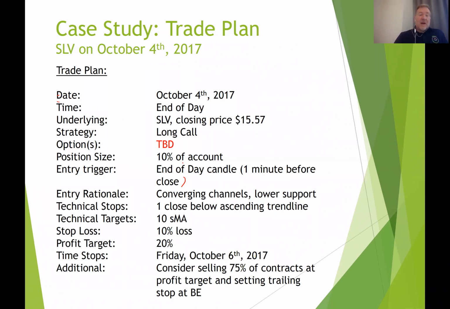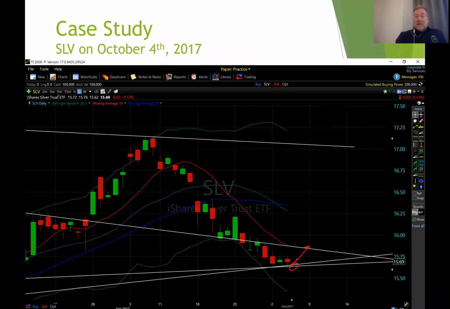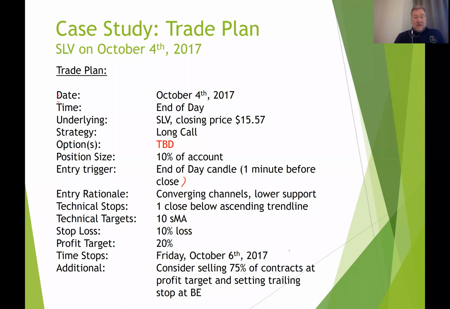And then the entry rationale. Why did I get in? Well, as I mentioned, I believe that there are converging channels and there's some lower support. Now, the next thing I want to know is, where am I wrong? What is my technical stop? I define that technical stop as one daily close below the first descending trend line.